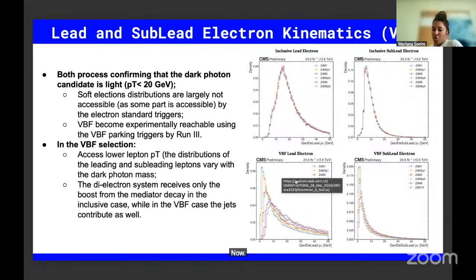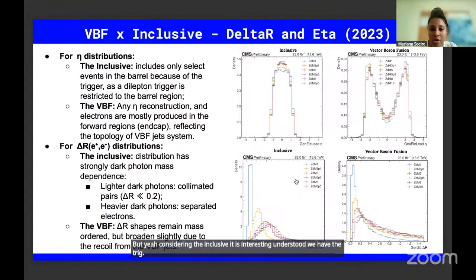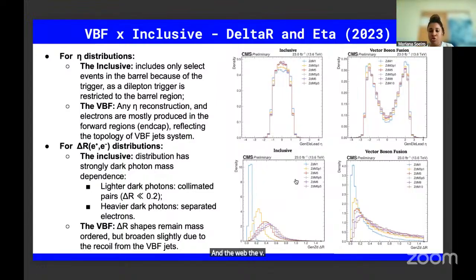Nowadays we have more masses, and the last plot is more updated than these ones. Considering the inclusive, it is interesting to understand that we have the trigger focused in the barrel part, and in the VBF distribution we have the endcaps more in focus.